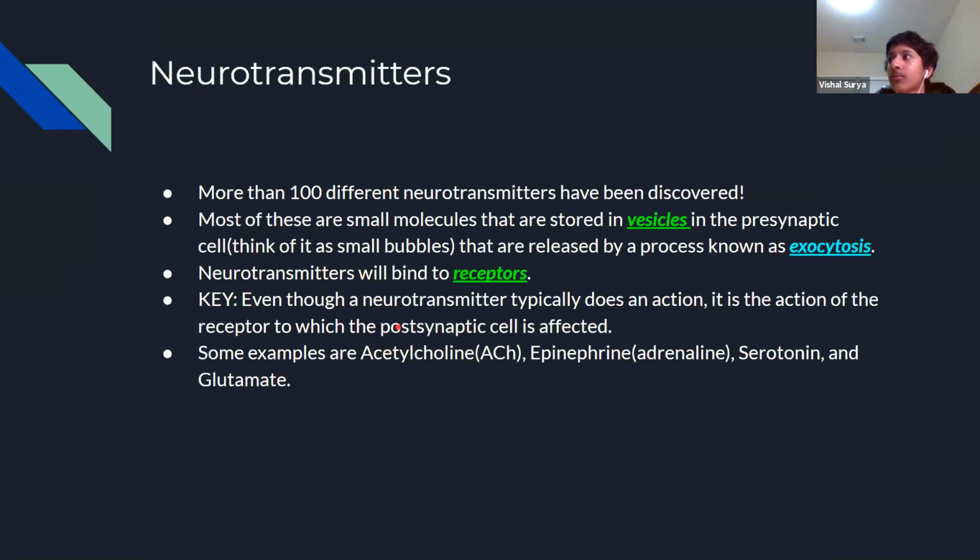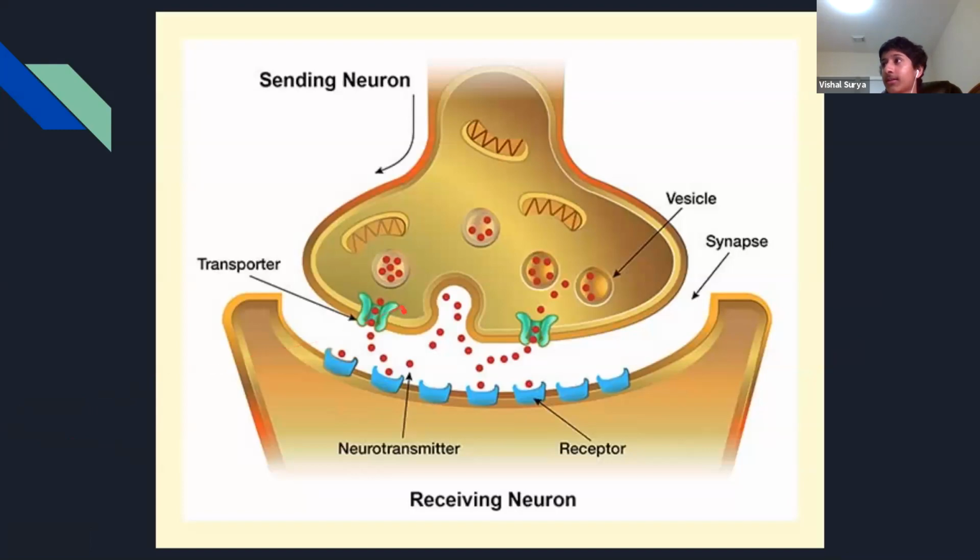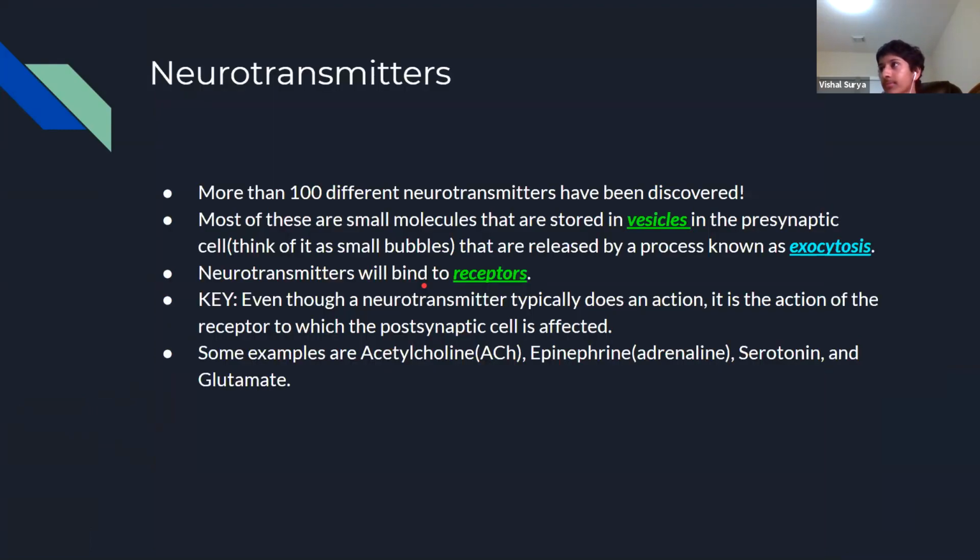The neurotransmitter slide. There are more than 100 different neurotransmitters that have been discovered. Most of these are small molecules that are stored in vesicles in the presynaptic cell. Think of these vesicles as small bubbles that hold the neurotransmitter and release them by a process known as exocytosis.